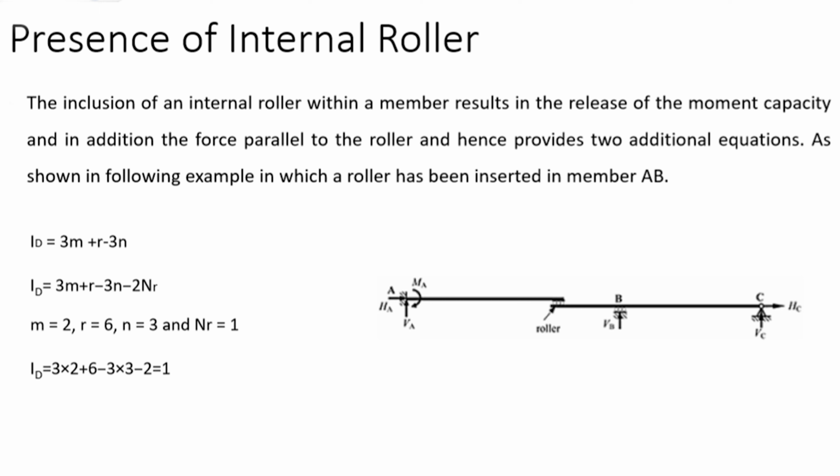So we can say that due to an internal pin or roller we can convert the indeterminate structure to a determinate structure by adding the internal pin or roller support, because due to the internal pin or roller we have additional equations to solve the unknowns of that structure.